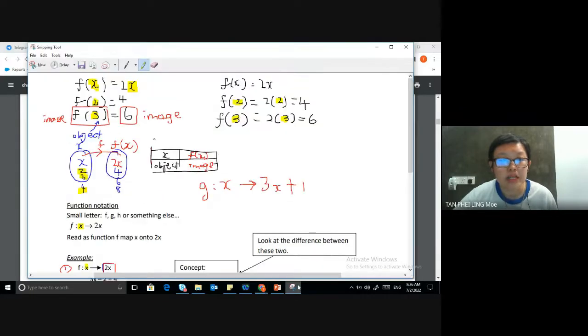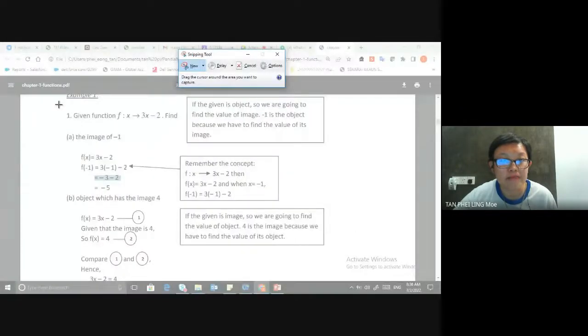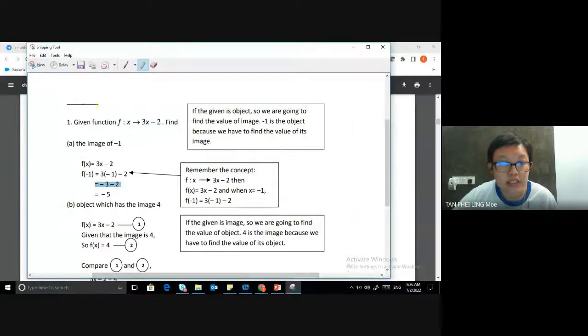When they ask you to find the image of -1, it just means that they want you to find the image when -1 is the object. So this will be the object, blue pen, red pen. That's why they ask you to find what is the image. So this whole thing is the image.